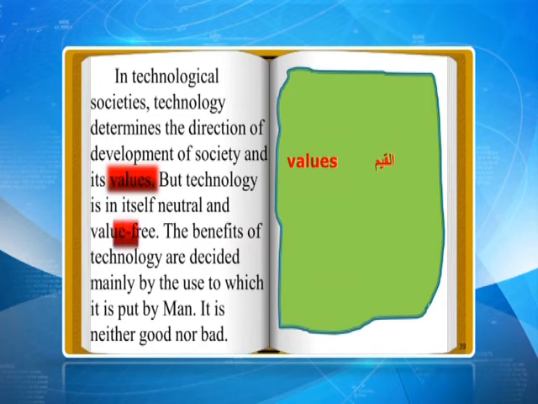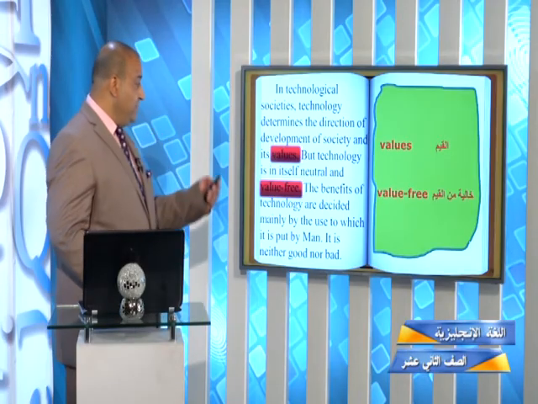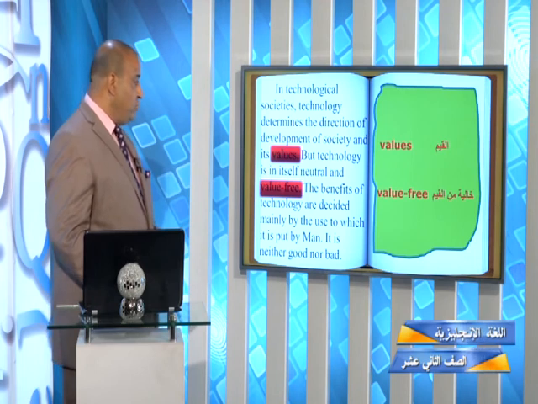So here we have value-free that can be translated into خالية من القيم. So values means القيم, value-free خالية من القيم. It has nothing to do with values. The benefits of technology are decided mainly by the use to which it is put by man. It is neither good nor bad. So it's a very simple paragraph in which maybe the words values and value-free are the most difficult.